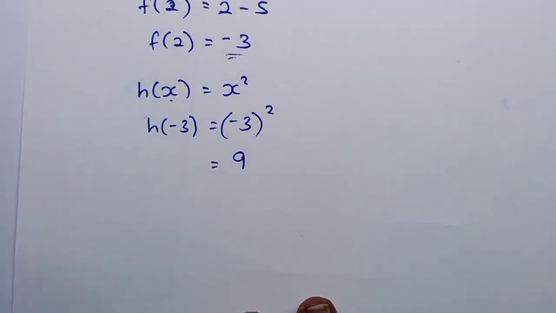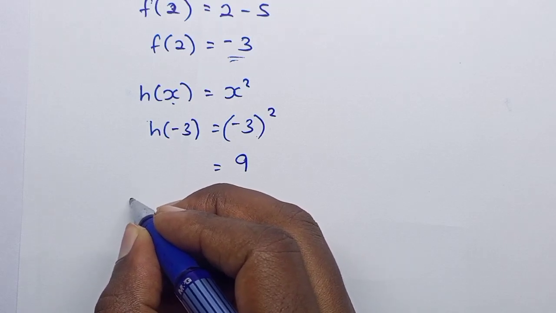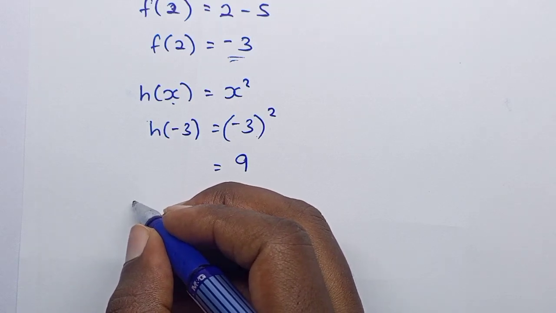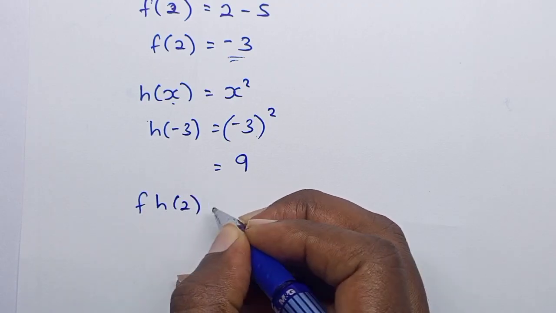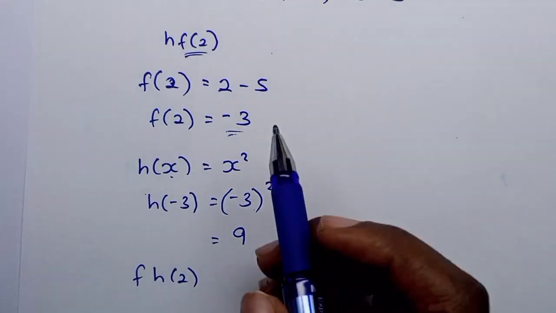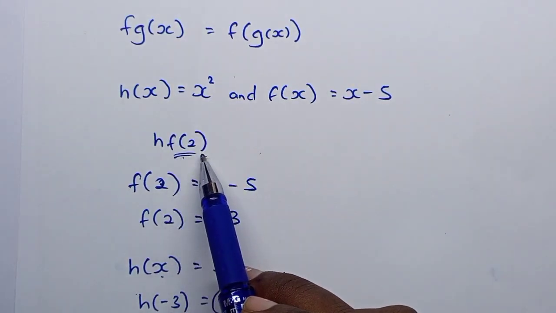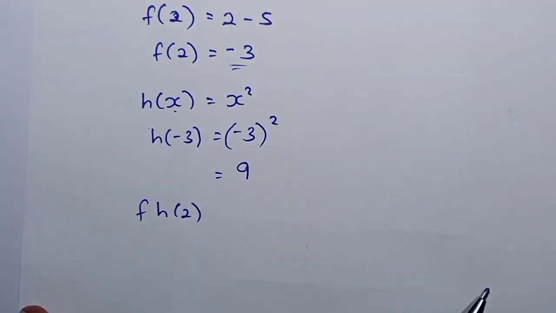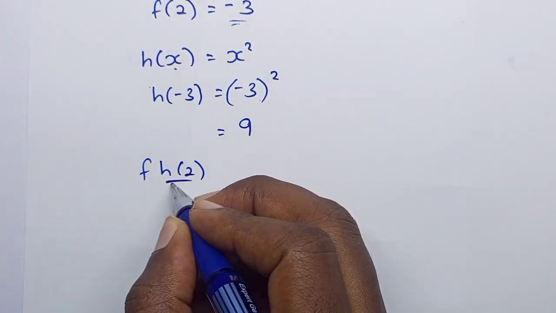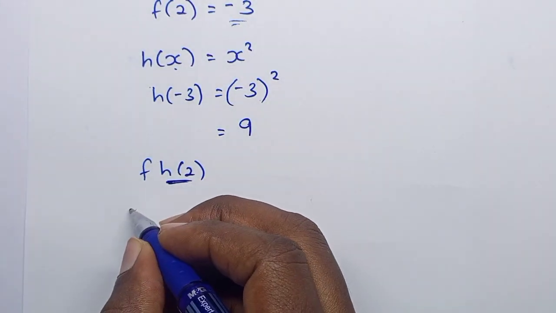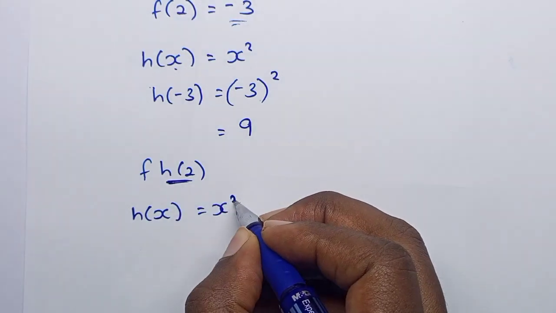If it had been the other way around and we were told to find f of h of 2. Remember the first one, it was h of f of 2. Now this one is f of h of 2. So here, h of 2 is now the inner function, and h of x, we were told, is x squared.